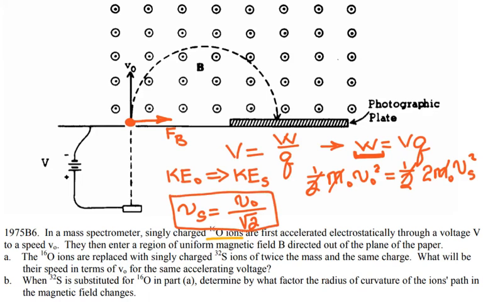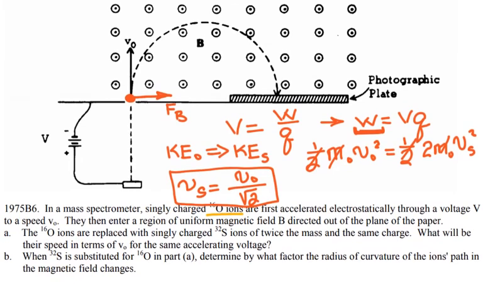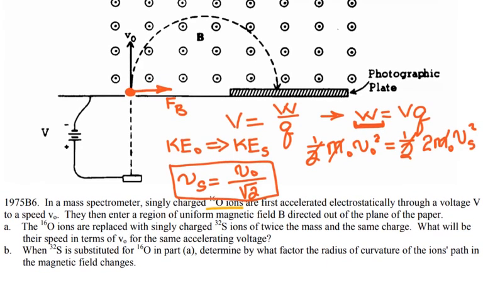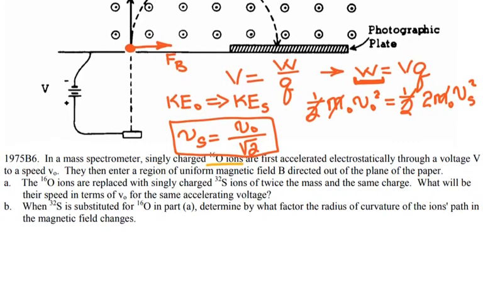And for part B, again, I have to calculate by what factor the radius of curvature of the ions' path with the sulfur will change. So I have to calculate the radius of the sulfur and the radius of the oxygen, and then compare them.